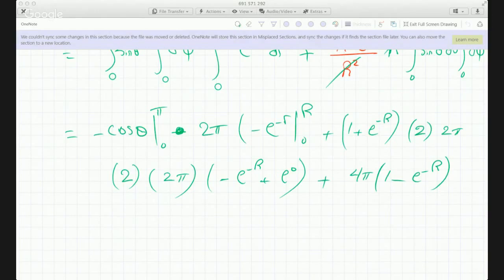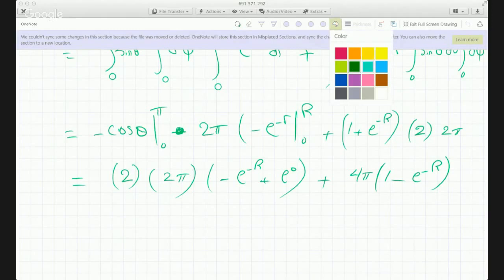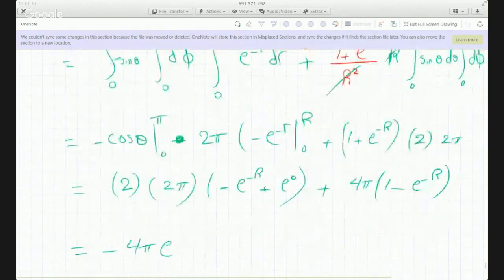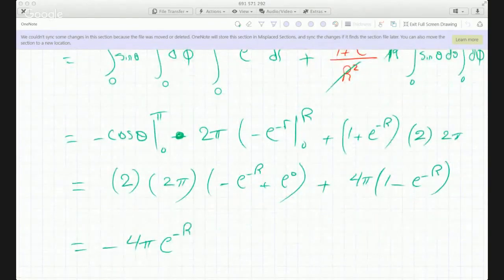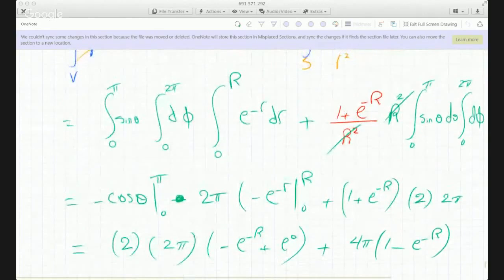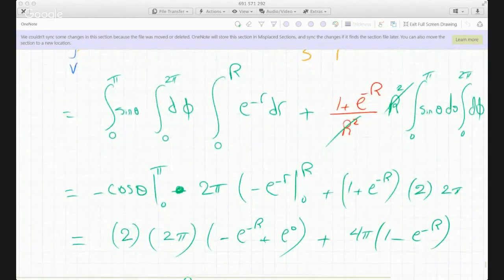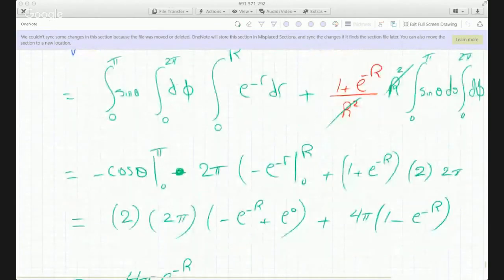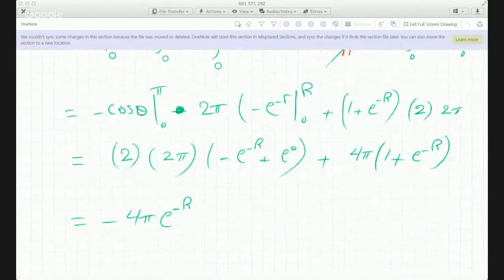If we FOIL this stuff here, we get 4 pi minus 4 pi e to the minus r. Wait a second, this is 1 plus e to the minus r, sorry. And then this is just a 1, so you're going to get plus 4 pi.